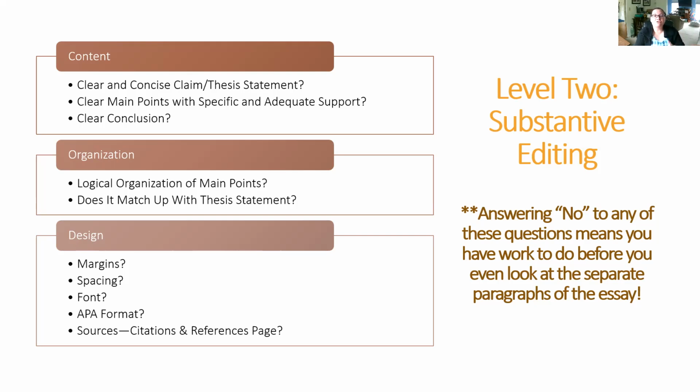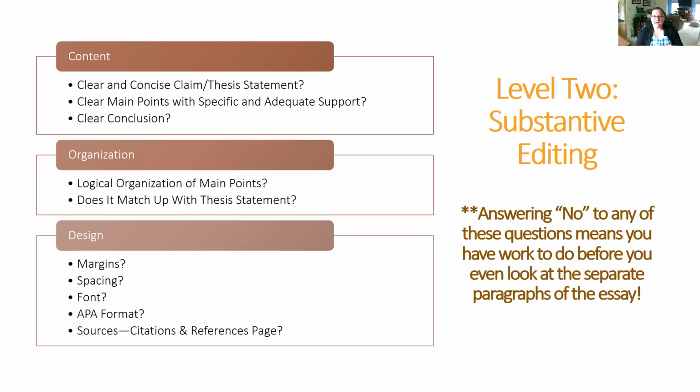You have to make sure that each of those main points has specific and adequate support. You need to fully develop each main point. That might take multiple paragraphs. So, for instance, your first cause of nursing burnout, whatever the first cause is that you're deciding to discuss, that cause might take you 3 or 4 paragraphs to fully develop and explain.